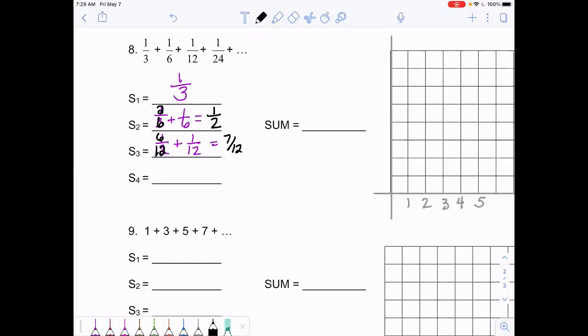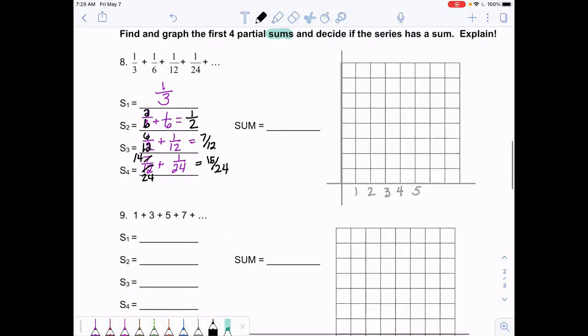So again, you do this as last time because it asked for 4. So you want to find the sum of the first 4 terms. Well, 7/12 was the sum of the first 3, and then you're adding 1/24 to that. Getting a common denominator of 24 means I would have to have 14 multiplying the top and bottom by 2, and that gives me 15/24. So those are the sums.